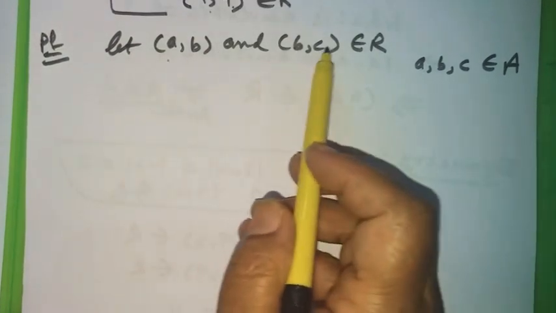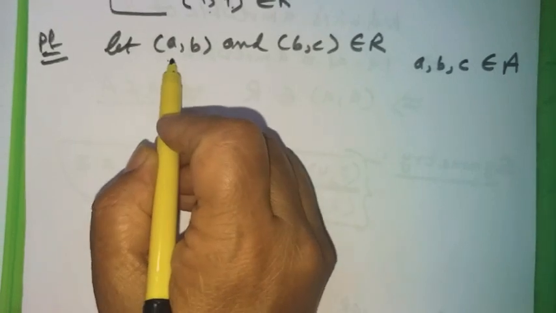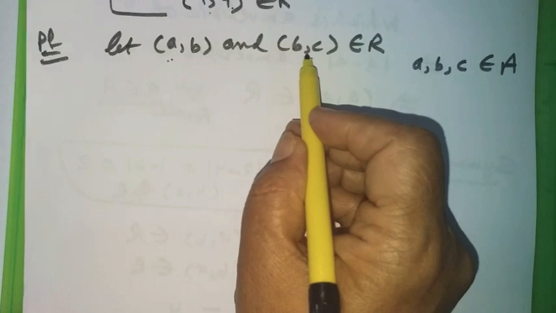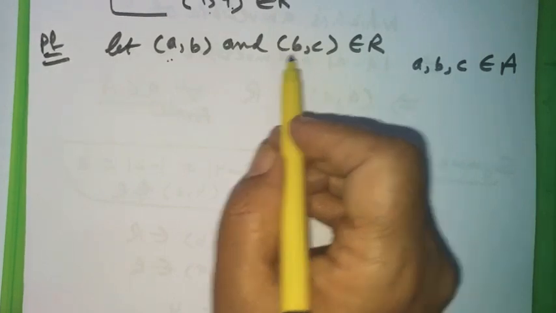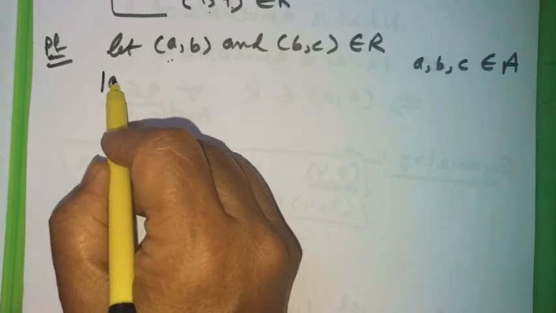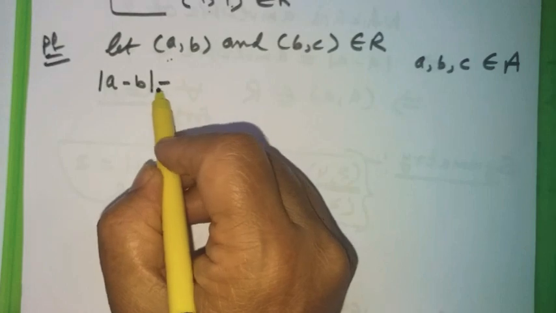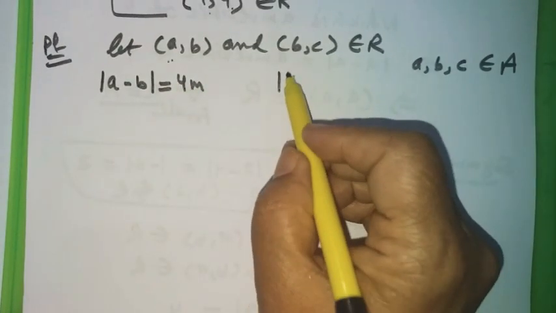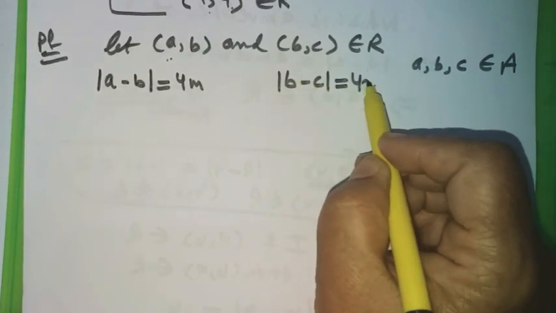So AB and BC belong to the relation R. This we have assumed. So both the ordered pairs should satisfy the condition of belonging to R. The condition is that the modulus of the difference of A and B should be a multiple of 4. Also, the modulus of the difference of B and C should also be a multiple of 4.